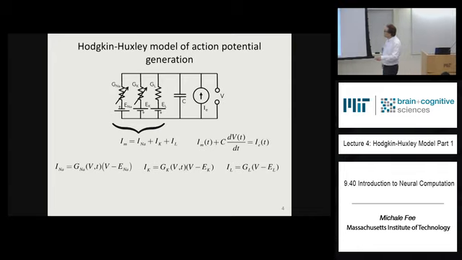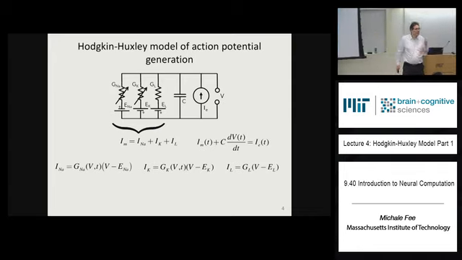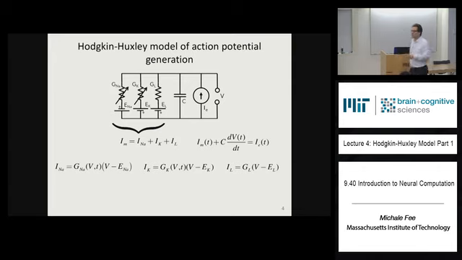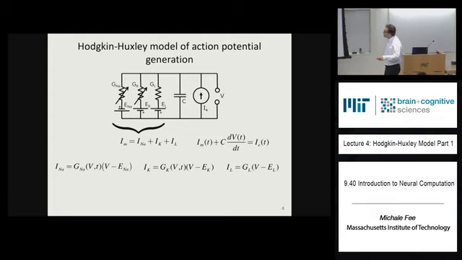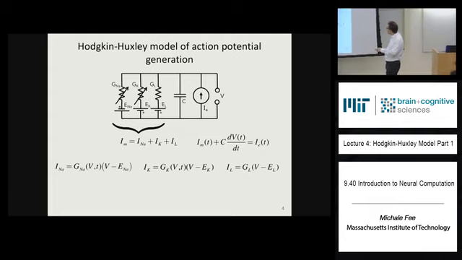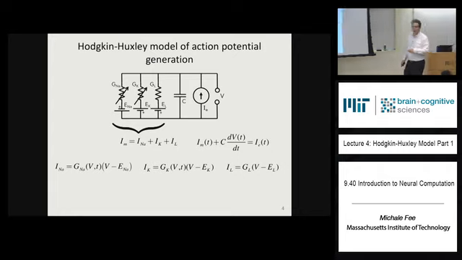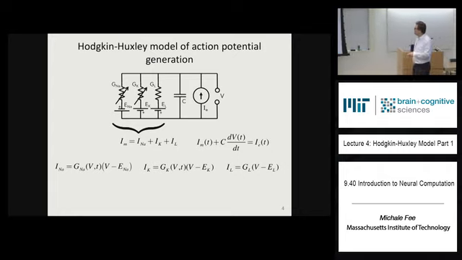All right, so you recall from the last lecture that you watched on video that these currents can be written down as a conductance. So let's just start here. This is the most similar one to the one that you saw in the previous lecture.